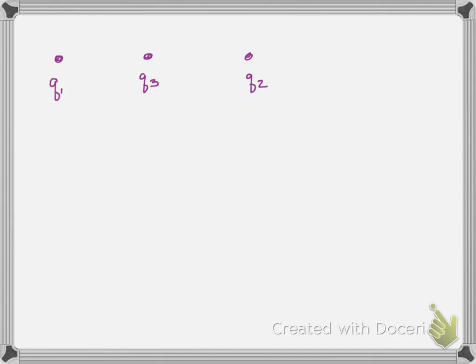Let's say we'll just make up a nice easy number. Let's say the big distance between 1 and 2 is 1 meter. Do we know exactly where 3 is? No, we don't.